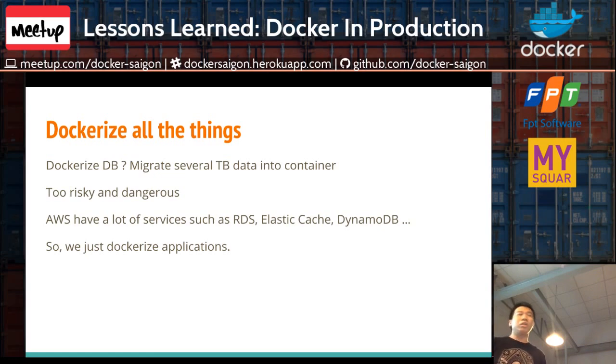So we decided to Dockerize just the application, because it suits the reason why we apply Docker: we want to control the libraries and keep the same environment on local development, staging, and production.